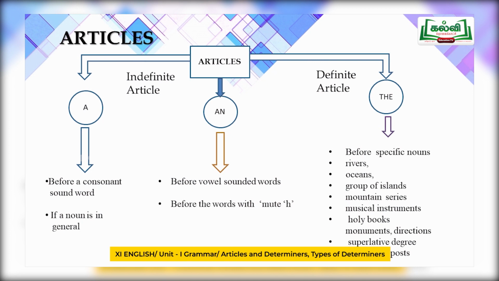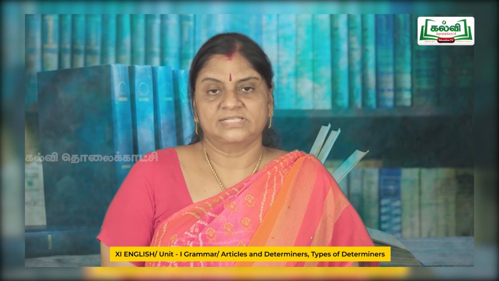Next one is an. Before vowel-sounded words, an comes, and before words with a mute H. What is mute H? It is a silent H. For example, an hour, an honorable man are examples for the indefinite article an.